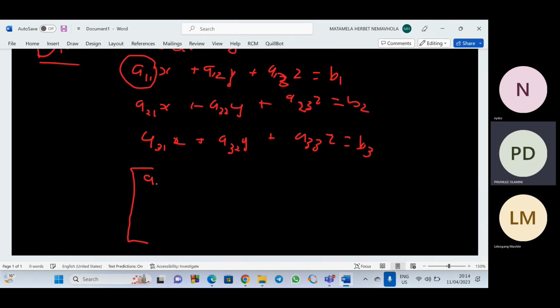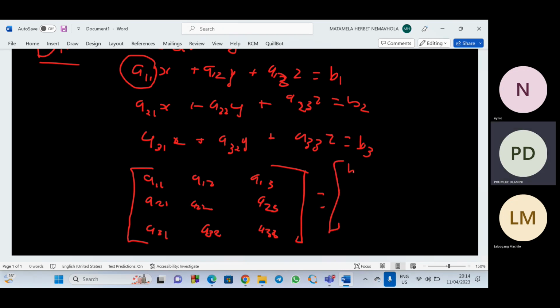The coefficient matrix can be A11, A12, A13, A21, A22, A23, A31, A32, and A33, which is equal to B1, B2, B3.